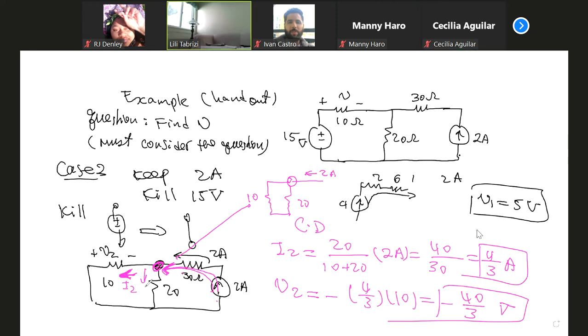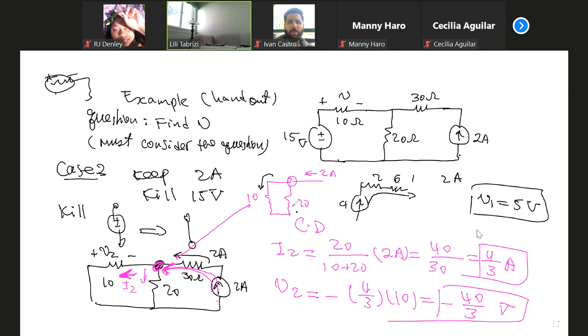And current division, remember for voltage division, we use the same resistance. For current division, notice we have 20 and 10, but I need this current, right? It's the other resistance. Remember for voltage division, if I want to know the voltage here, I use this resistance.